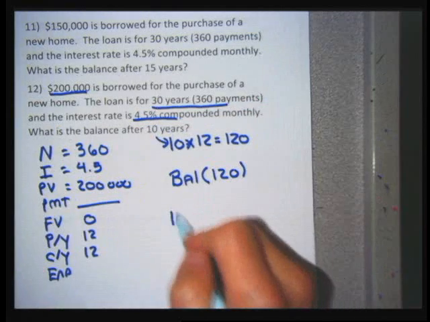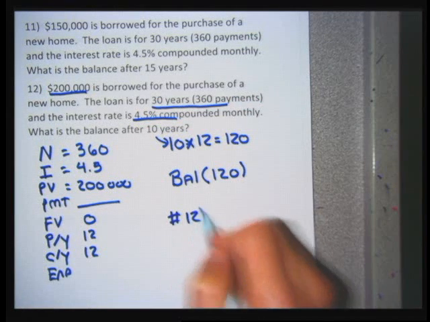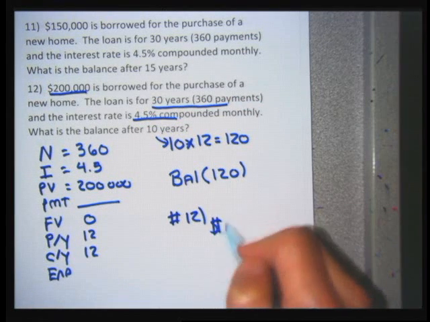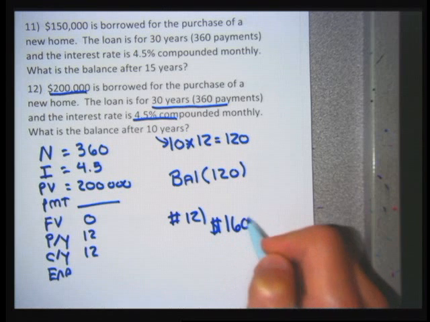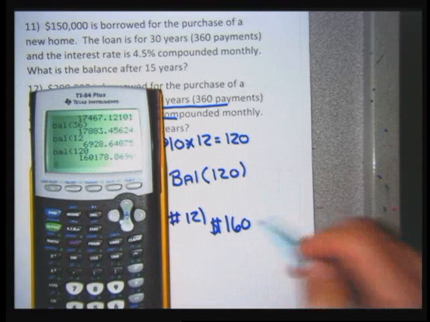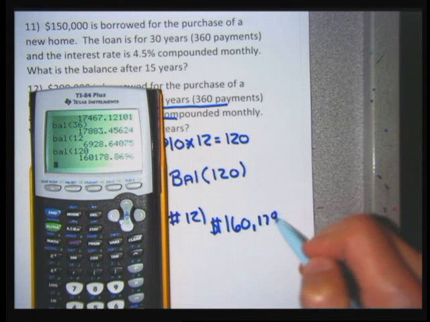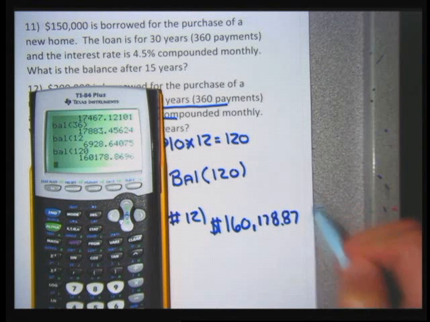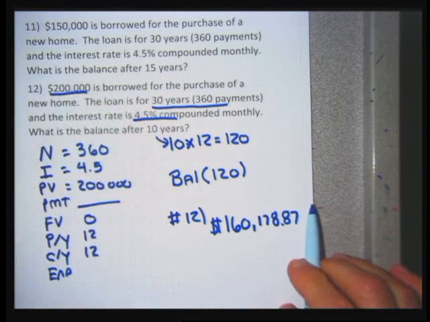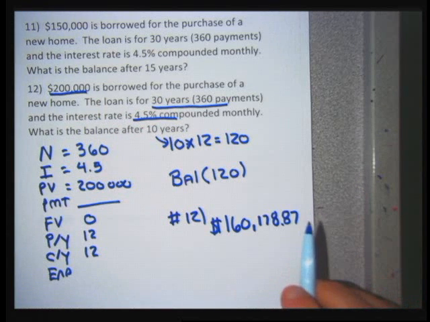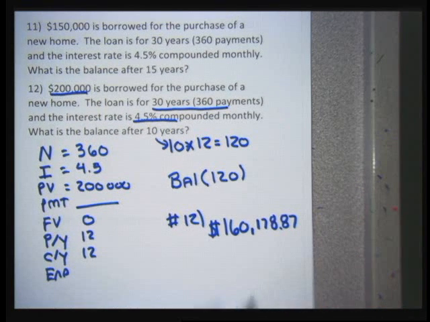So the number 12, my answer after 10 years, on a $200,000 loan, I still owe $160,178.87.